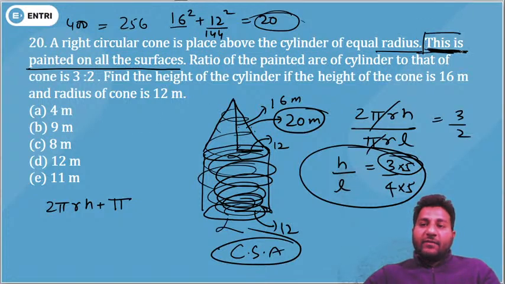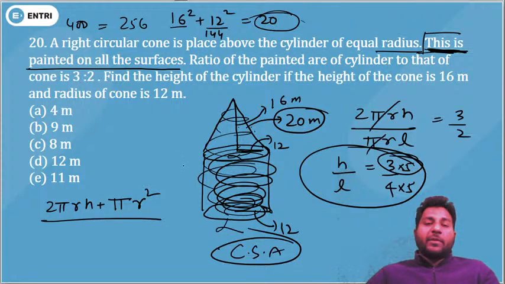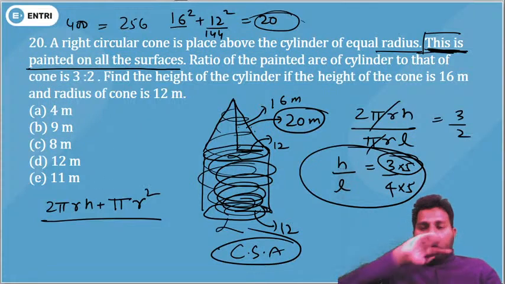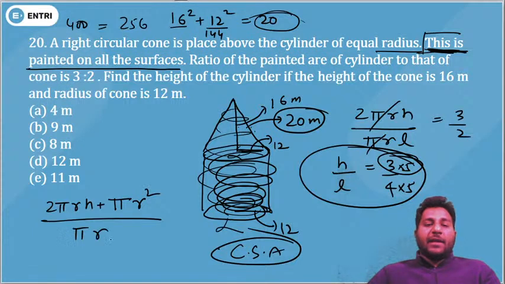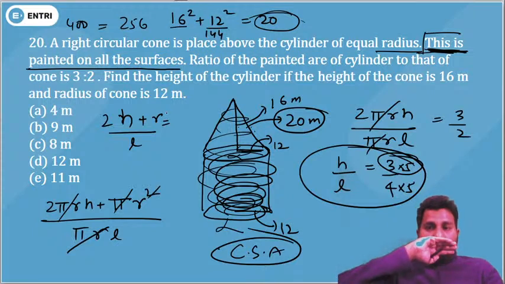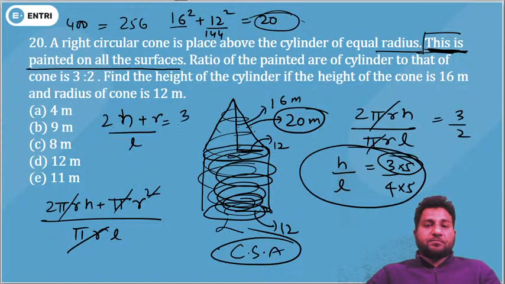If this is given, then we can consider pi r square, because the above section will not be considered, so the below section will be considered. Yes, then your answer will arrive. Yes, pi r l. Correct. I couldn't see it. So (2h plus r) upon l equals 3 by 2.